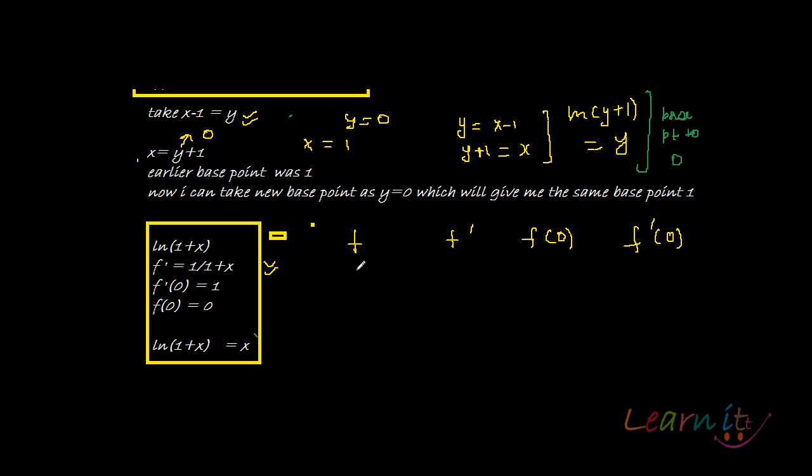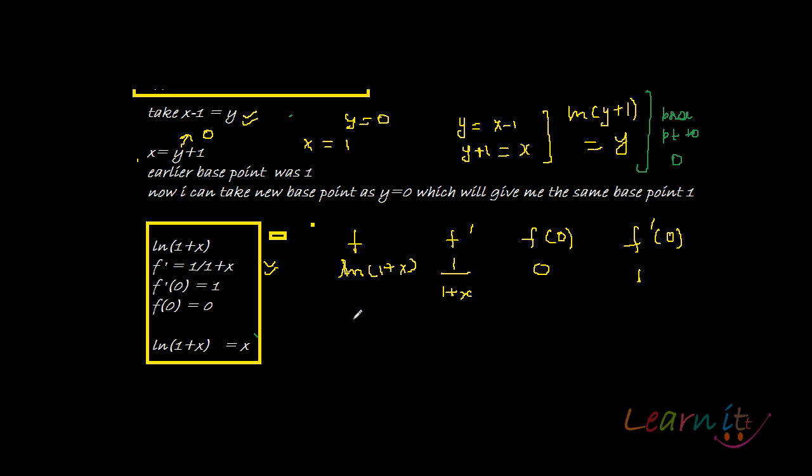So now the function is, instead of log x, log 1 plus x. So f dash x will be 1 upon 1 plus x. f0 will be log of 1, which is 0, and f dash 0 will be 1 upon 1, which is 1.